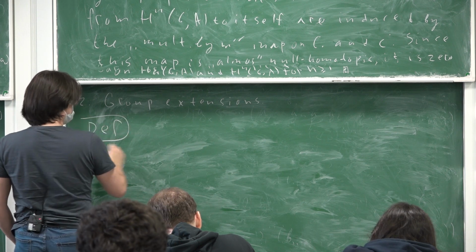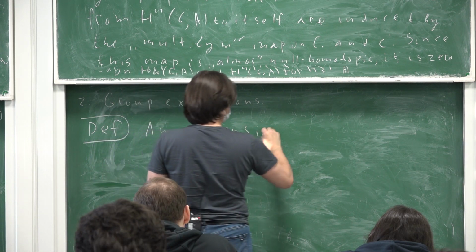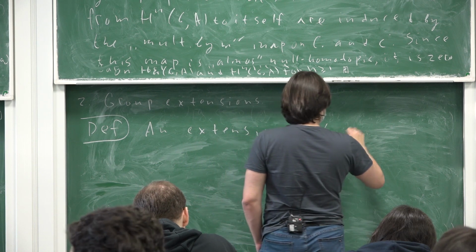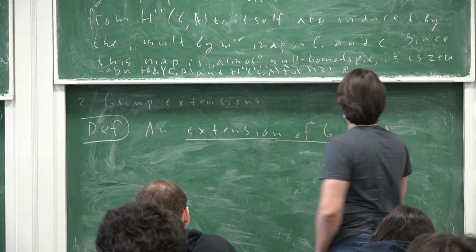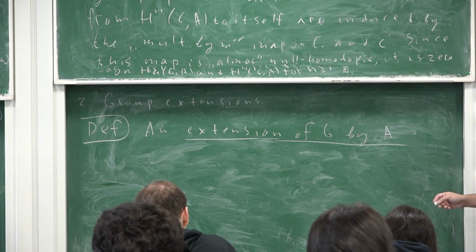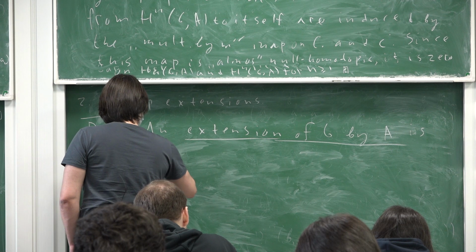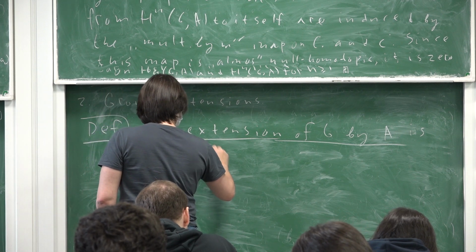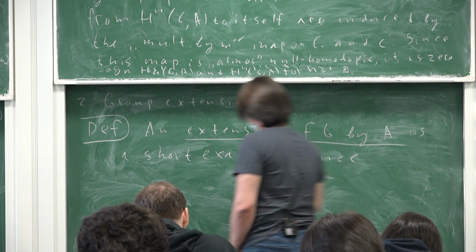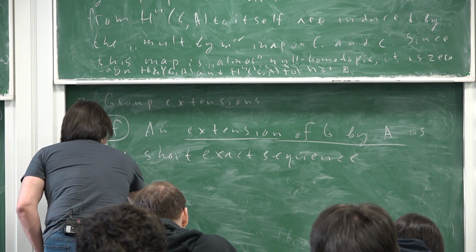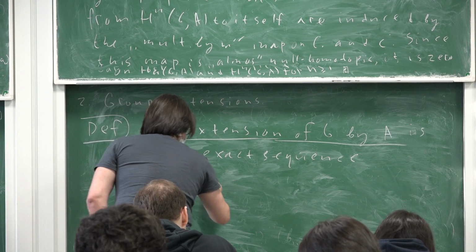An extension of G by A, where G and A are arbitrary groups, is a short exact sequence of groups A, E, G.